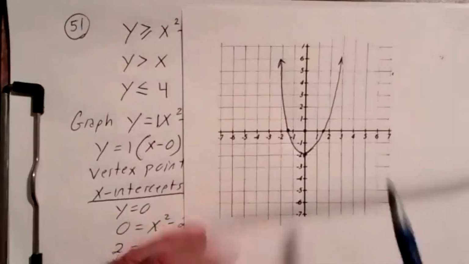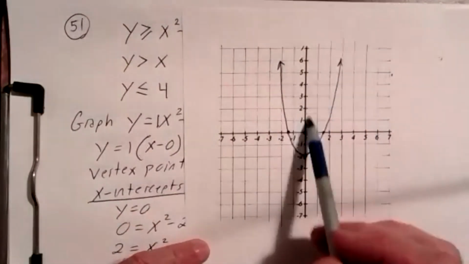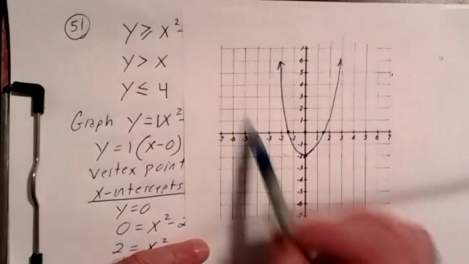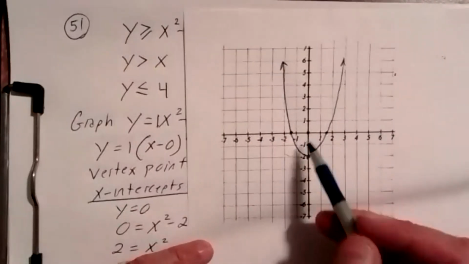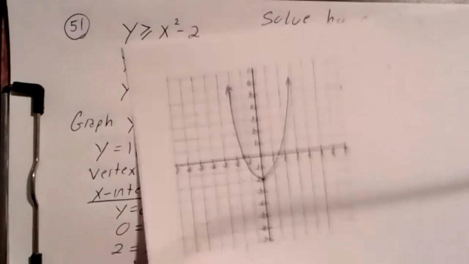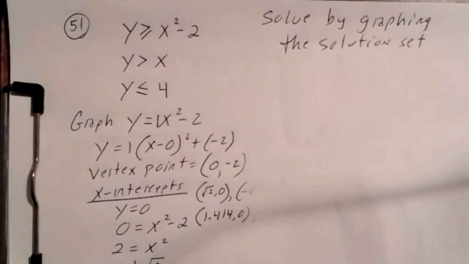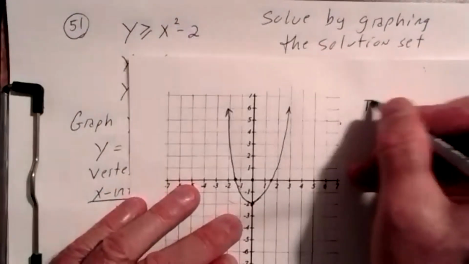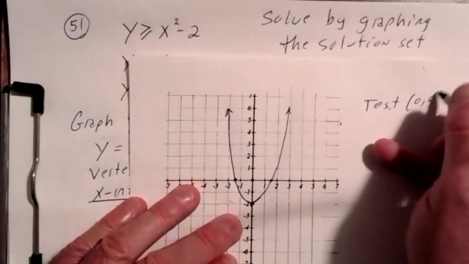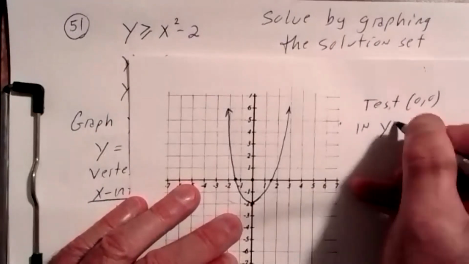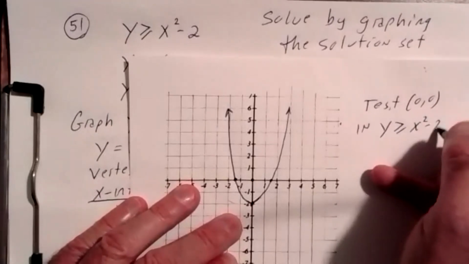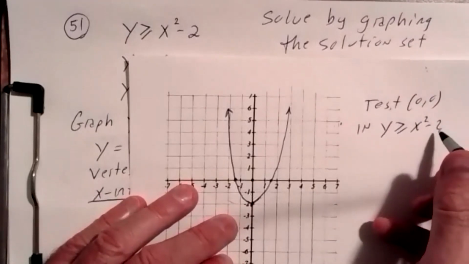Okay, now we need to make a determination. Do we shade inside the branches or do we shade outside? To answer that question, we choose a test point. (0, 0) is available. So we're going to test out (0, 0) in the first inequality, y greater than or equal to x squared minus 2. Is (0, 0) a solution to this inequality?